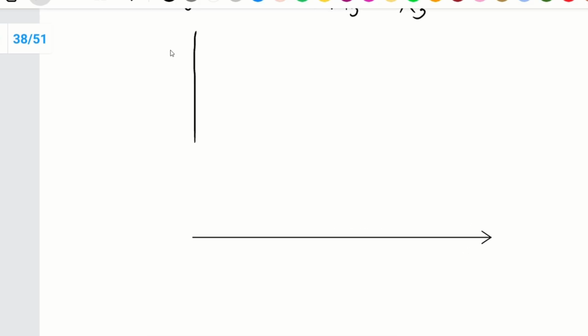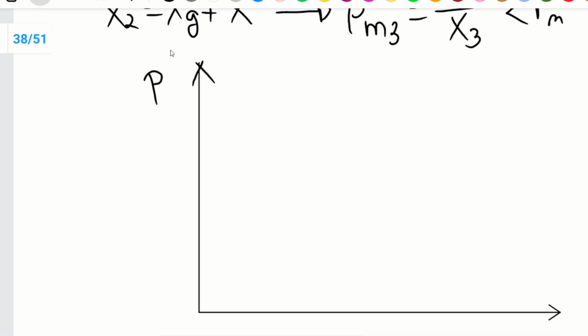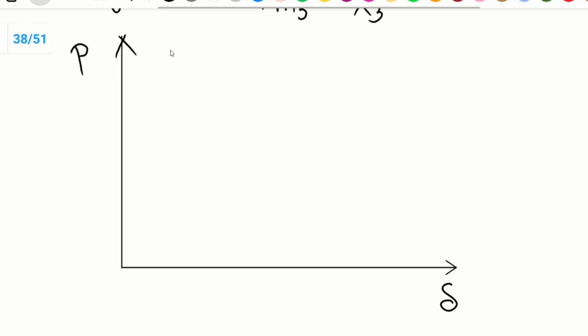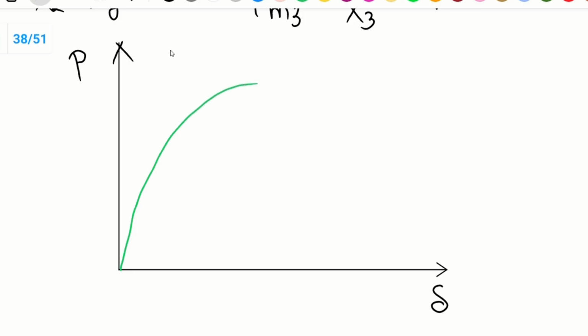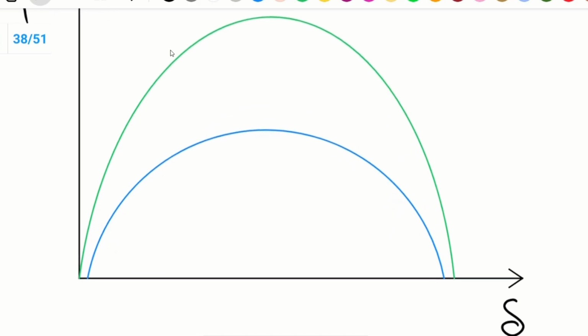Now let's try to draw the power angle curve. Initially, this is the steady state curve. This is the curve after the isolation of the line.